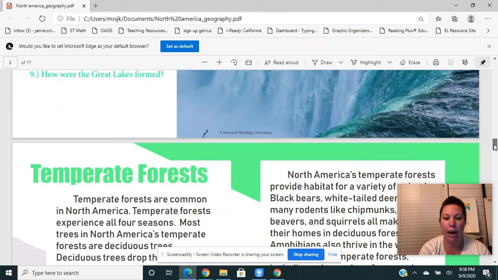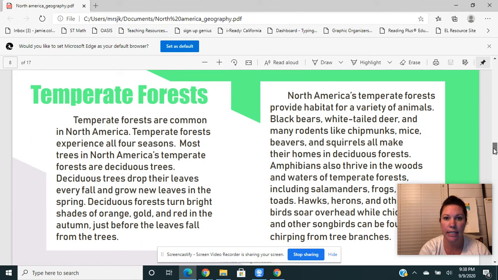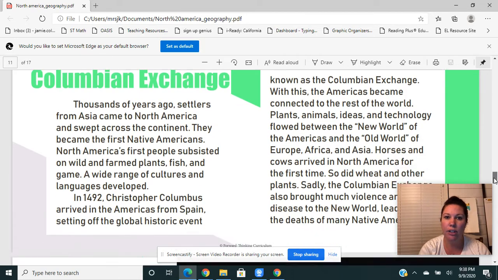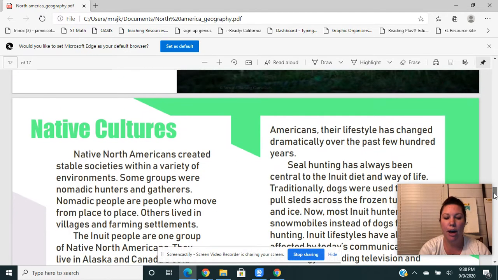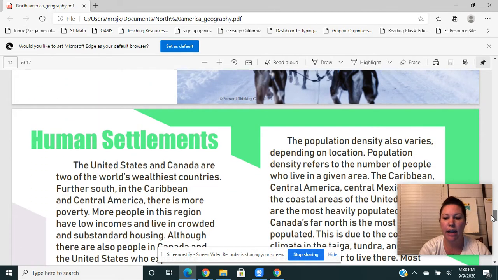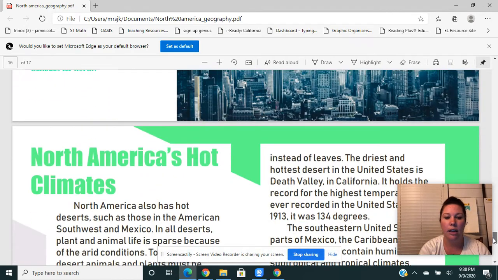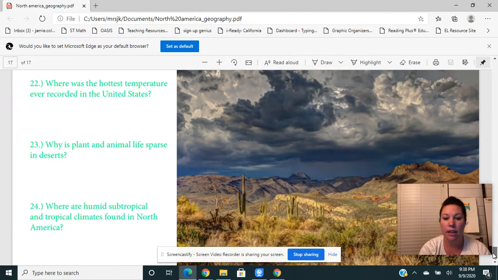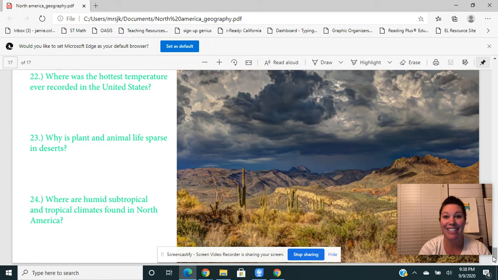We've read about temperate forests. We've read about the Columbian Exchange. We've read about native cultures and human settlements. And the last one is North America's hot climate, which we've experienced this past weekend.